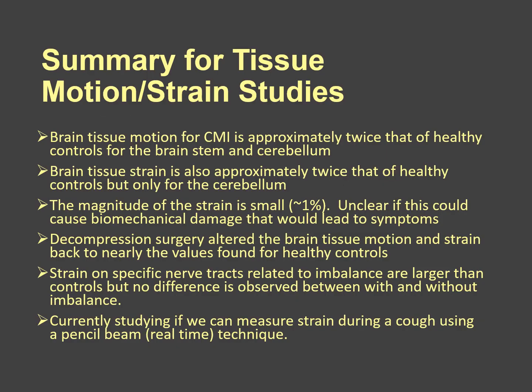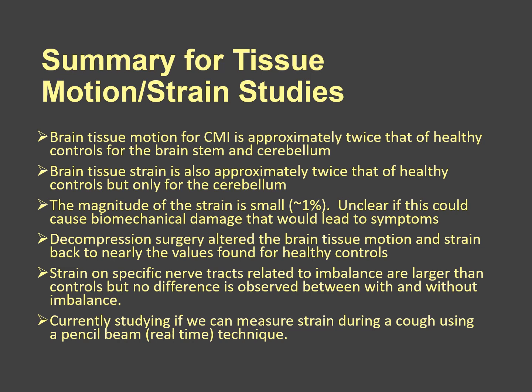So in summary, for the tissue motion and strain studies, brain tissue motion for Chiari is almost twice that of healthy controls for the brainstem and the cerebellum. Brain tissue strain is approximately twice that of healthy controls, but only for the cerebellum. The magnitude of the strain is small, approximately 1%. Unclear if this could cause biomechanical damage that would lead to symptoms.